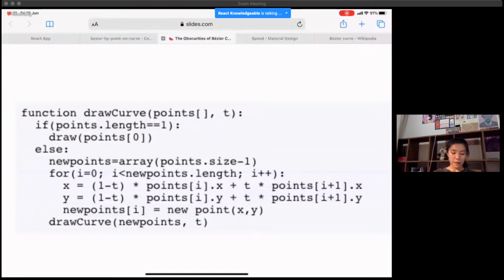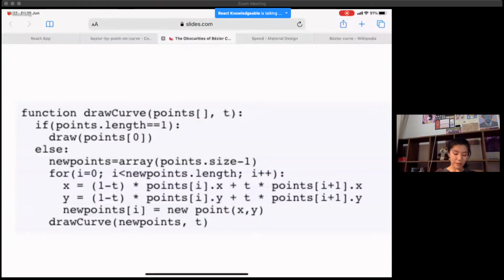On the screen, drawing a curve means drawing a bunch of points on the screen, and then you connect all those points with a line. But here, if we're left with only 1 point, we will draw the final point. Otherwise, that means we haven't finished yet. We're still in the generation thing.